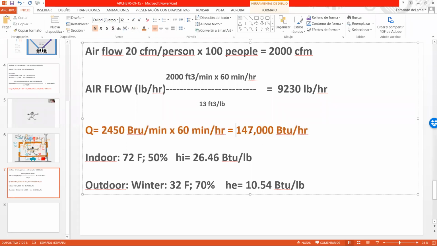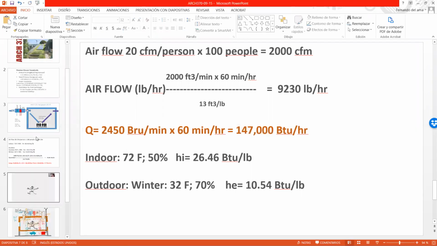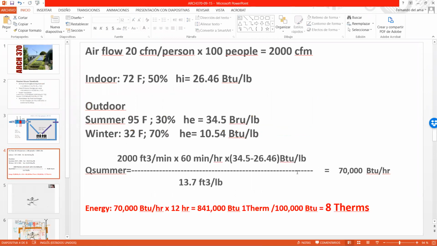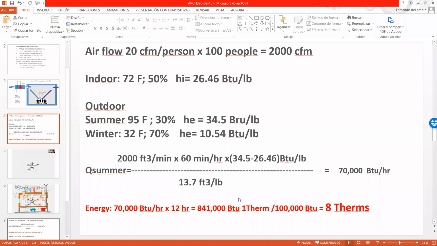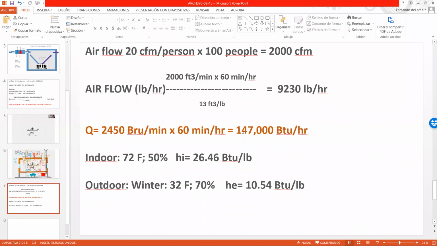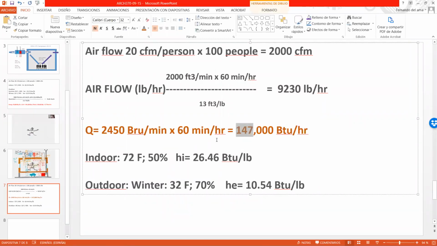So what's the difference? The result with this is around 147, and the result with the other one, well, I have deleted that because this is the winter, but it was 146,000, sorry. Okay, so it's almost the same. So here it's 147, and the other one was 146.